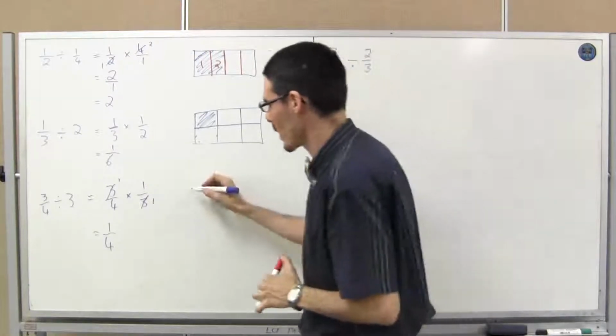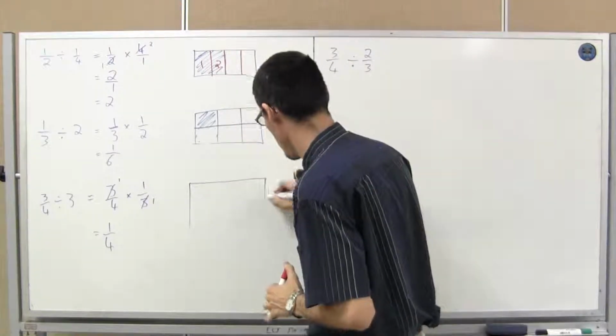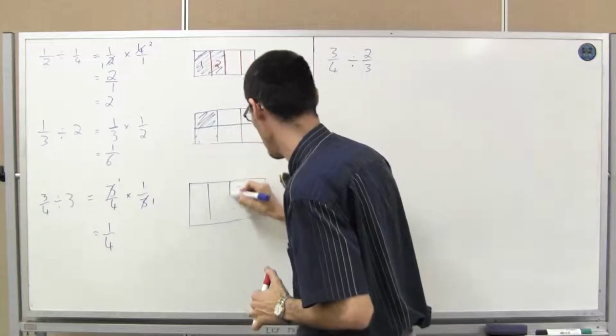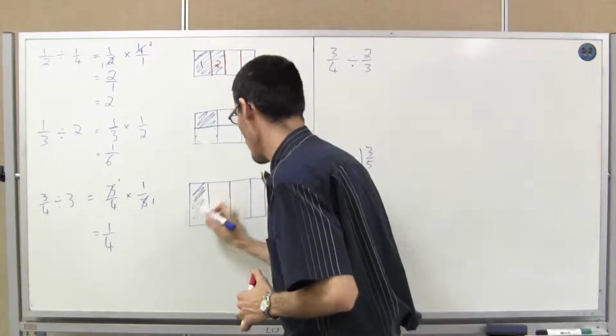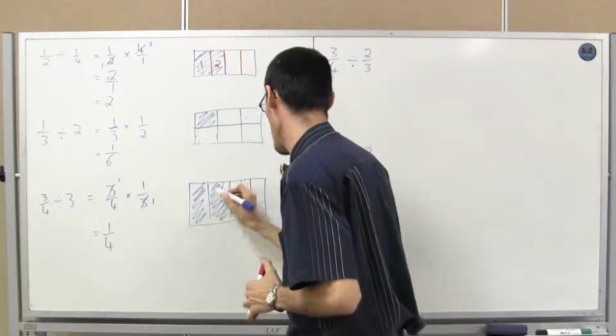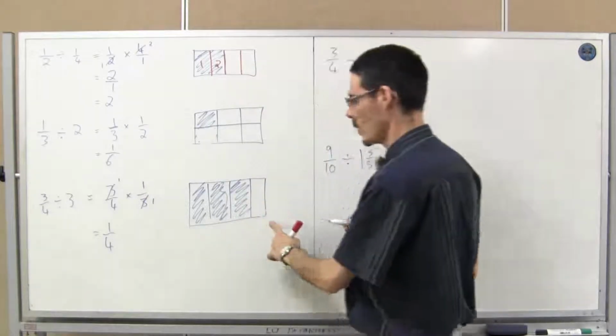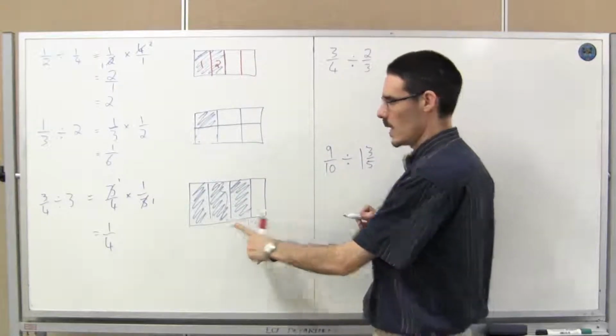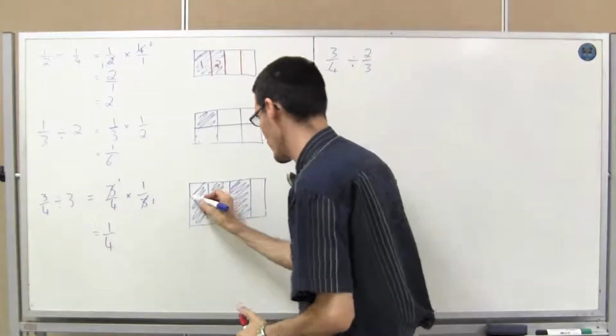Once more, let me draw a diagram to help you. I have 3/4 divided by 3.